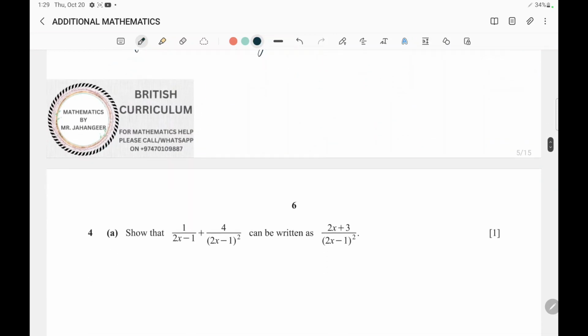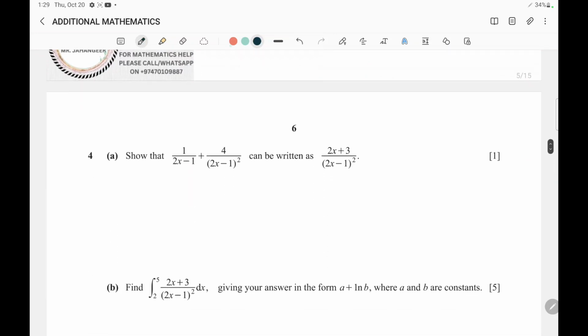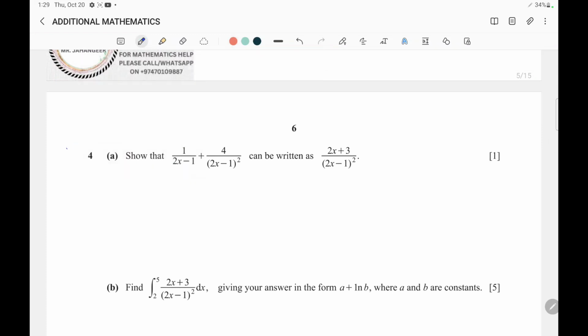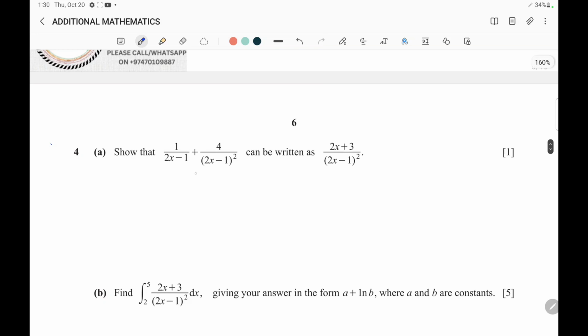Now move to the next question. Show that... let's change the color. Show that, oh, that's very simple. This is 2x minus 1 whole square, and here it is only 2x minus 1.